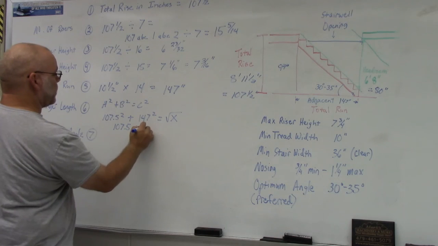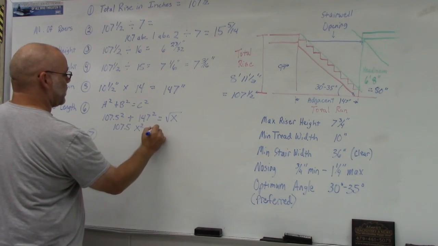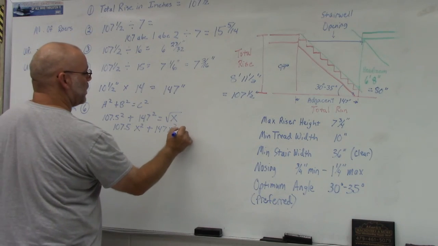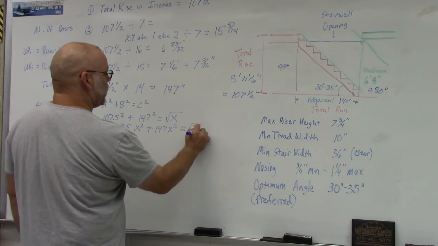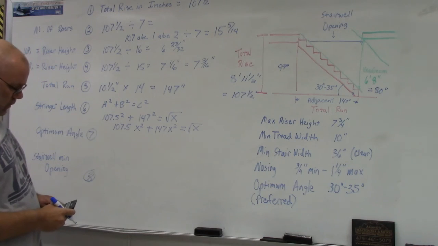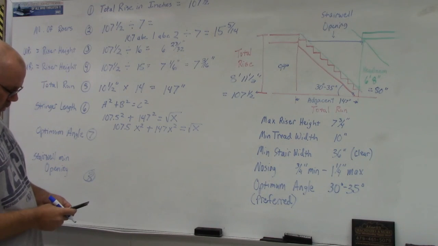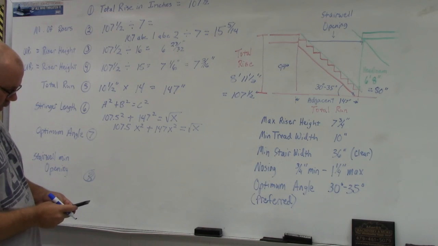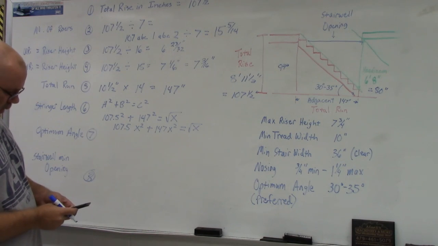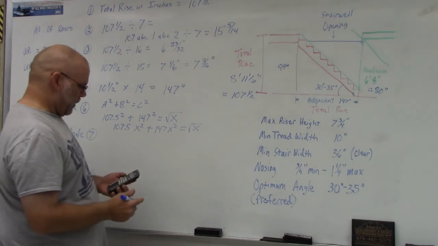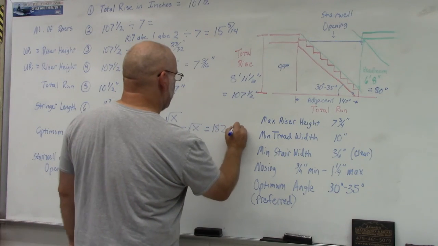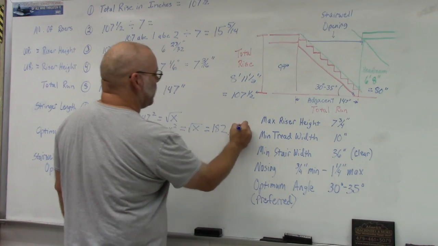You're going to hit the x to the 2 button plus 147 x to the 2 equals square root. So 107.5 squared plus 147 squared equals square root 182.11 inches.